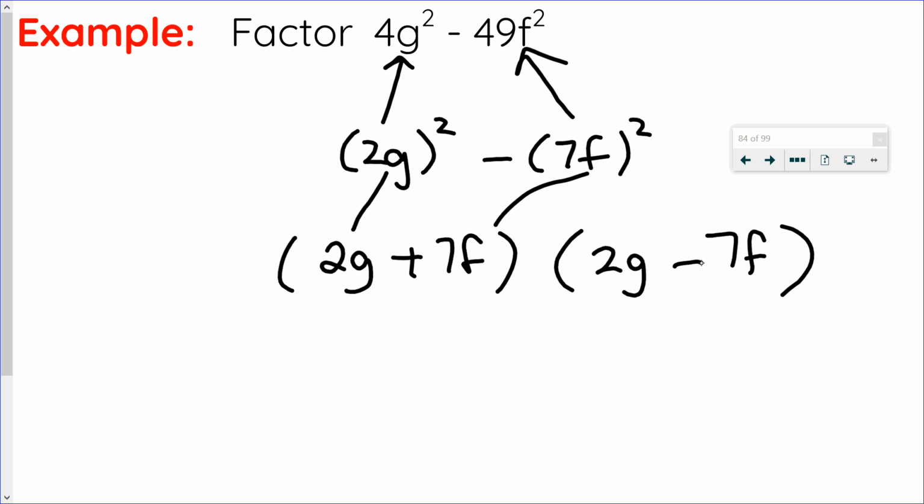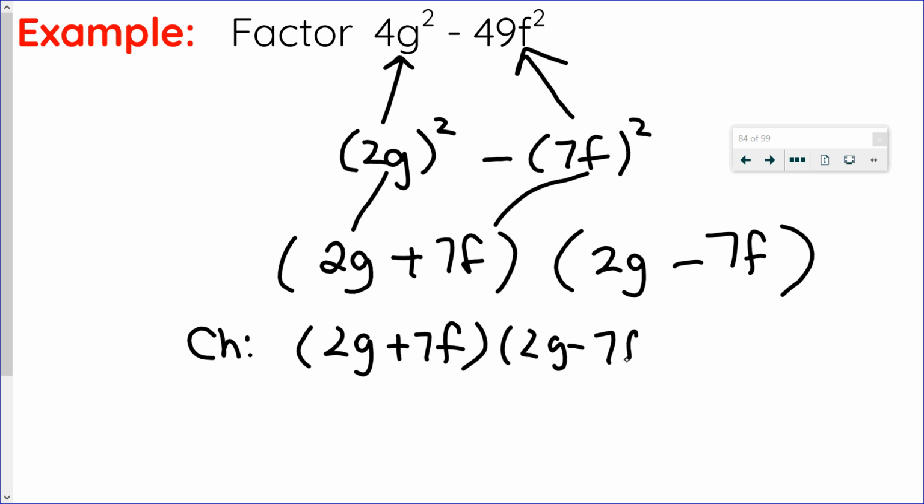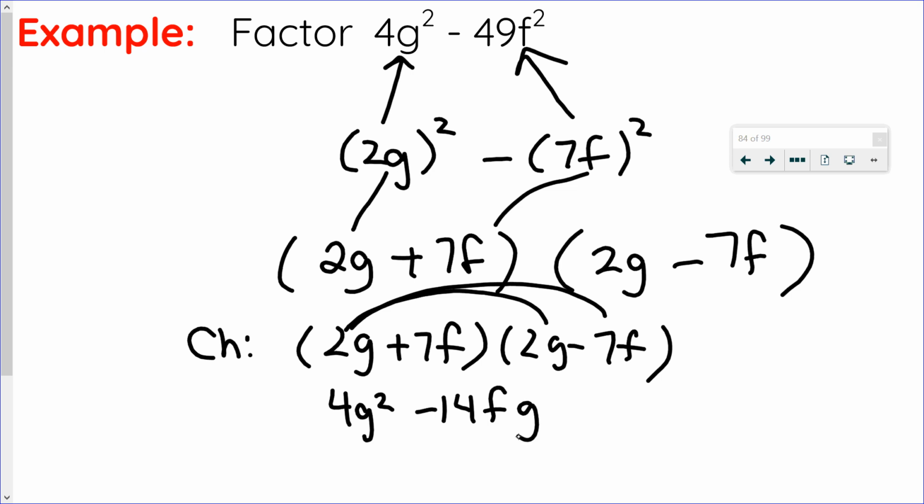We can always check that by applying the distributive properties. So let's look at that. So 2g times 2g is 4g squared. 2g times negative 7f is negative 14fg. 7f times 2g is 14fg, and 7f times negative 7f, negative 49f squared.